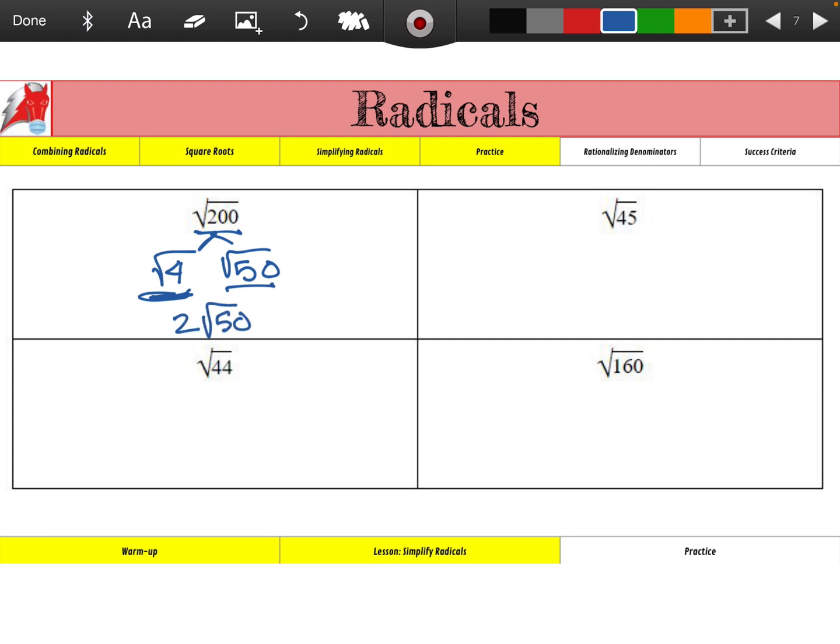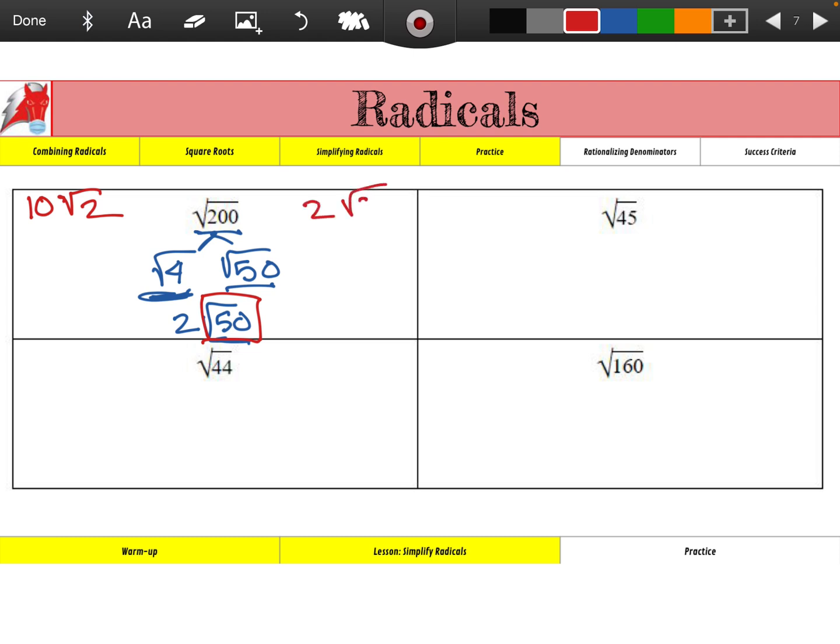But you have to ask yourself, can I keep simplifying this root? And the answer is yes. And remember, we ended up getting to 10 root 2. And we're going to see if we can keep doing that. Okay. Well, 2 root 50, well, I can split this. There's another perfect square built into this one, and that would be 25. I'm going to move that up here, right?